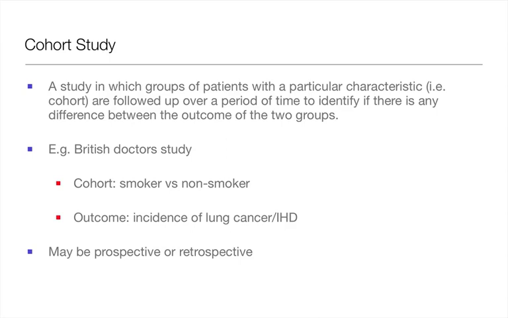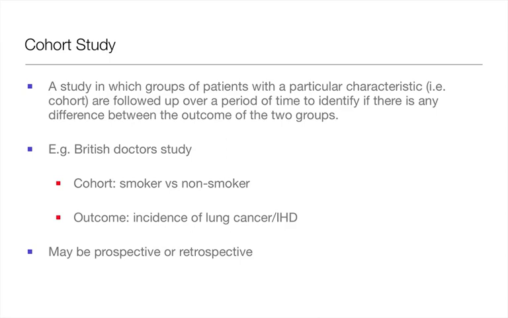So in this case, the two different cohorts would be groups of individuals who are smokers compared with groups of individuals who are non-smokers, and the outcome being investigated would be the incidence of lung cancer or ischemic heart disease.